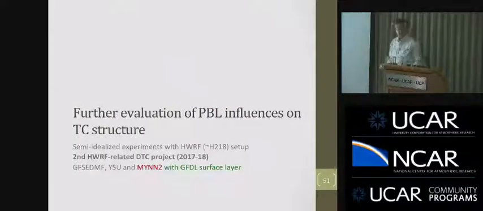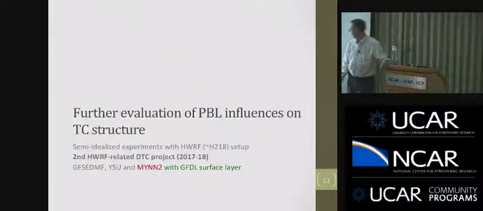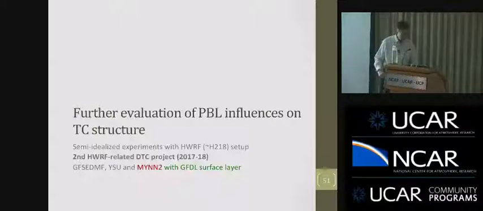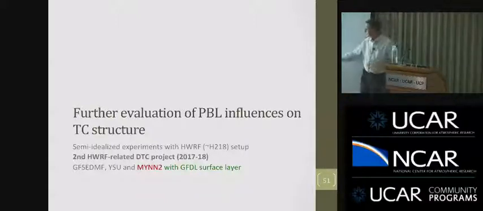Okay. So now, let me shift to some further evaluation of the PBL influence on tropical cyclone structure. I'm going to be showing you some slides that are very similar to what I showed you before, but I'm going to try to emphasize some different things here. This is based on the second HWRF-related DTC project, which has been in the last year.